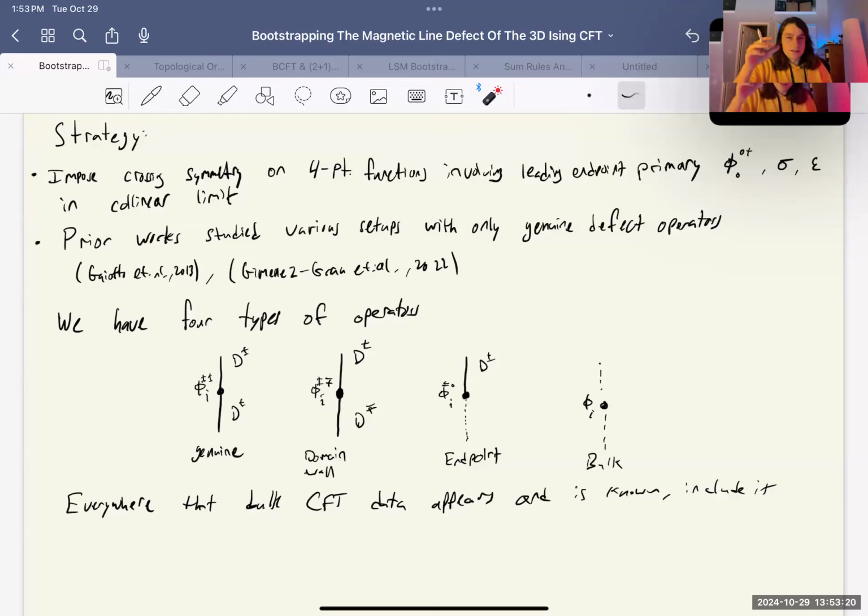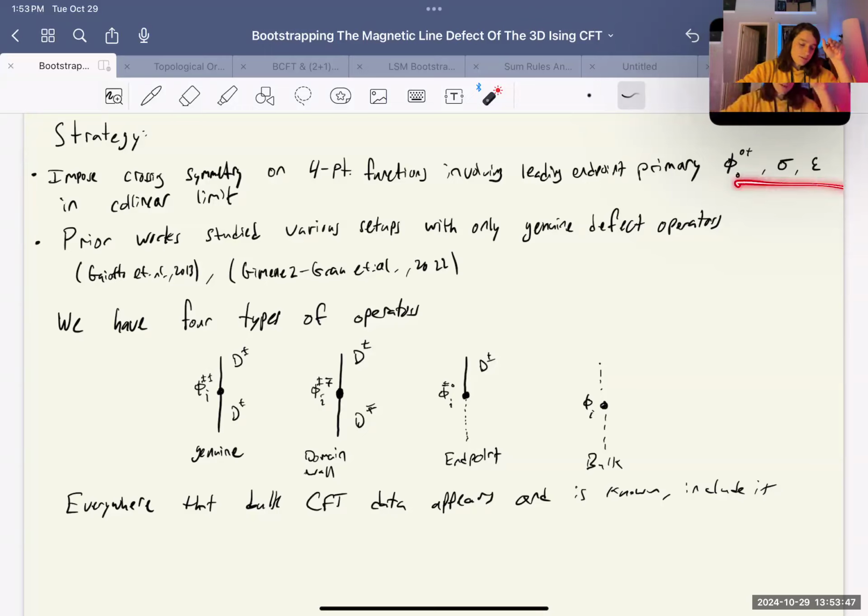So we can consider different cases where we have endpoints corresponding to all the plus defects, or we can have two endpoints with a plus defect and two endpoints with a minus defect. And this would have some expansions in terms of domain wall operators. And we can also consider correlation functions of the endpoints with bulk operators. Okay, so we just have to enumerate all the possibilities.